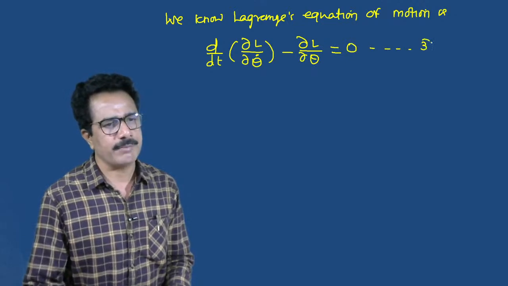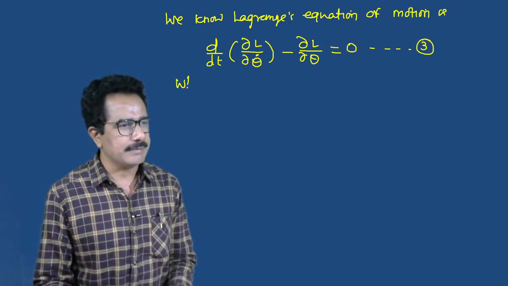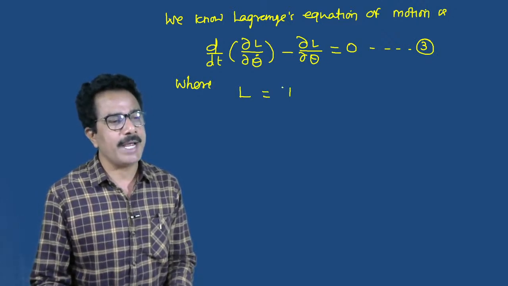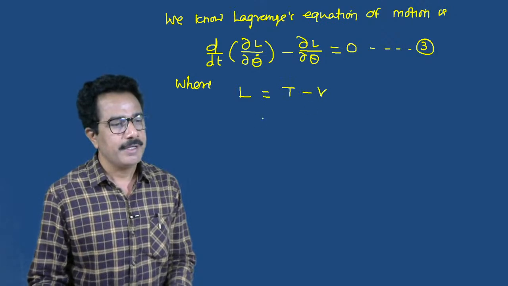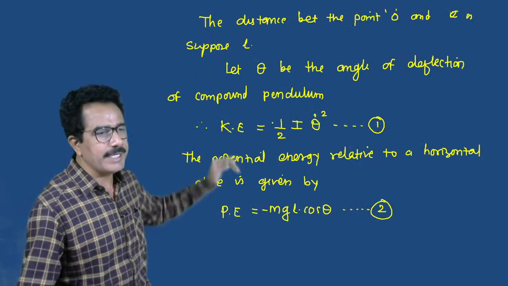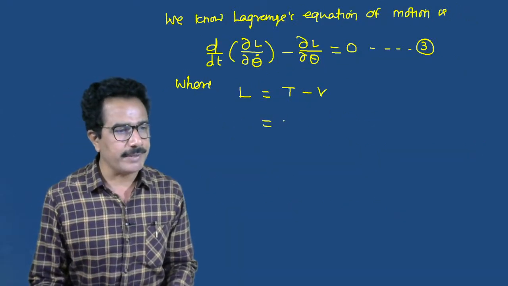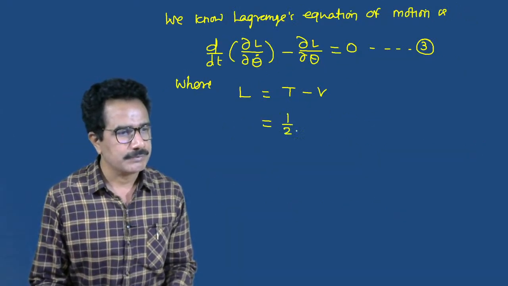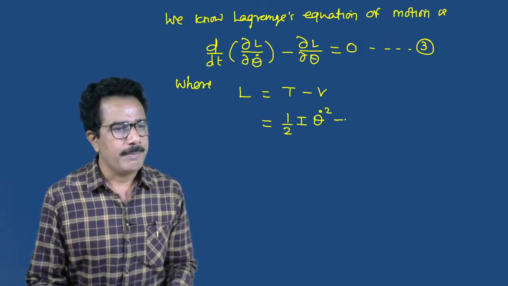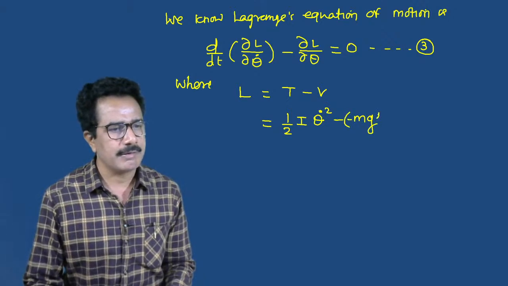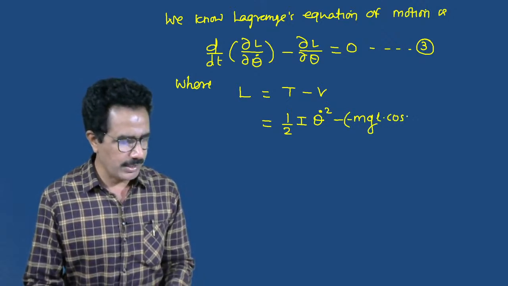This is equation number 3, where L means the Lagrangian, given by T minus V. We know that T is 1/2 I theta dot squared and V is minus mgl cos theta.